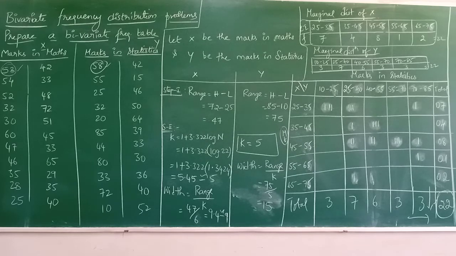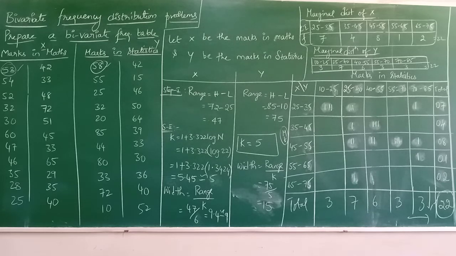Then we have to avoid open-end classes. If you are taking one, it should be either in the beginning or at the end. Preferably avoid open-end classes. Try to frame the values, or else, as I said, open-end classes may be taken at the initial stage or at the end stage depending upon the data, preferably at the end stage only, like 'above'.